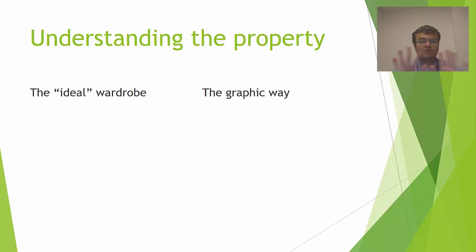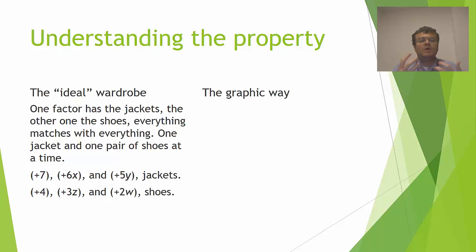So we are going to try two different explanations. One explanation is what I call the ideal wardrobe, and the other one is going to be something more graphic. So for the ideal wardrobe, my way to think about this is the first factor is just a set of jackets, and the second factor is just a set of pairs of shoes, and every jacket matches every shoe.